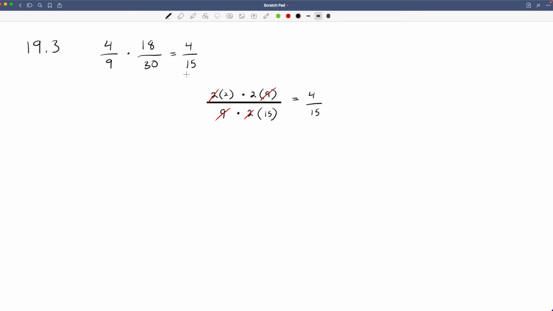I didn't have to multiply the big numbers and then turn around and divide them. I was able to do it all in one step. So we have put together some things that we've learned: both prime factorization and canceling or division in order to save time in the long run.